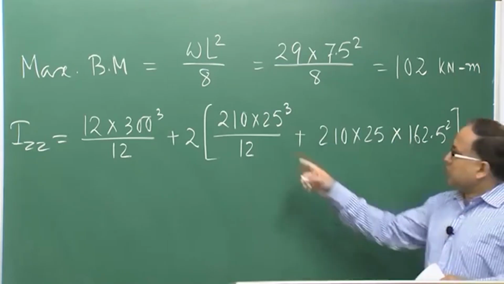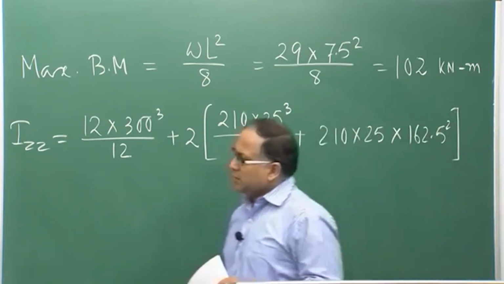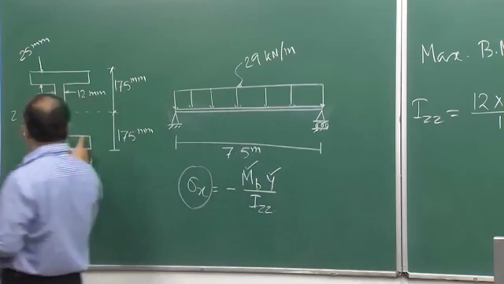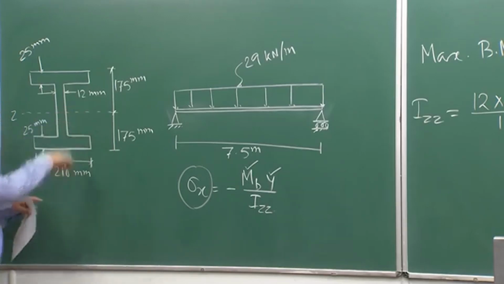Agreed? So, this is the IZZ considering this flange with respect to its own CG. Now, this CG has to be shifted because this is the global CG for this cross section. So, we can use the parallel axis theorem like this.